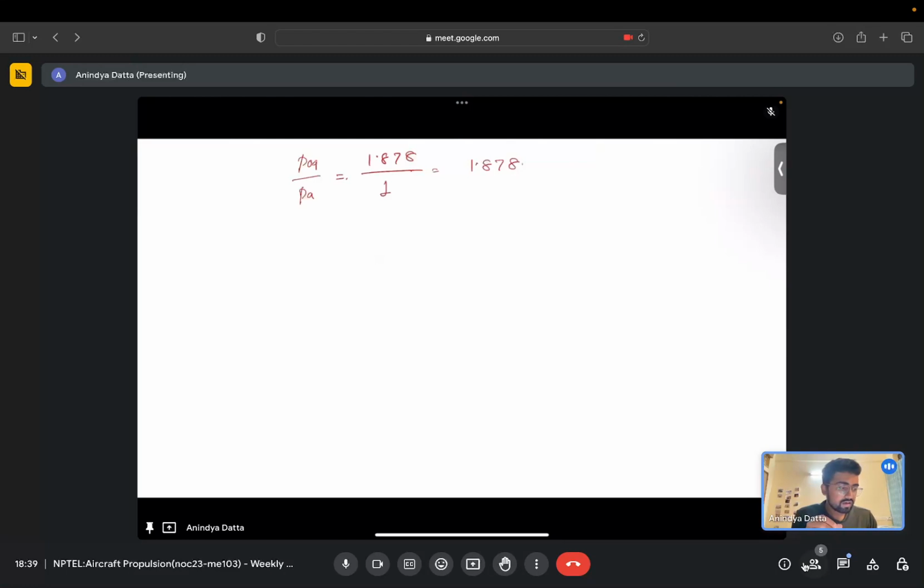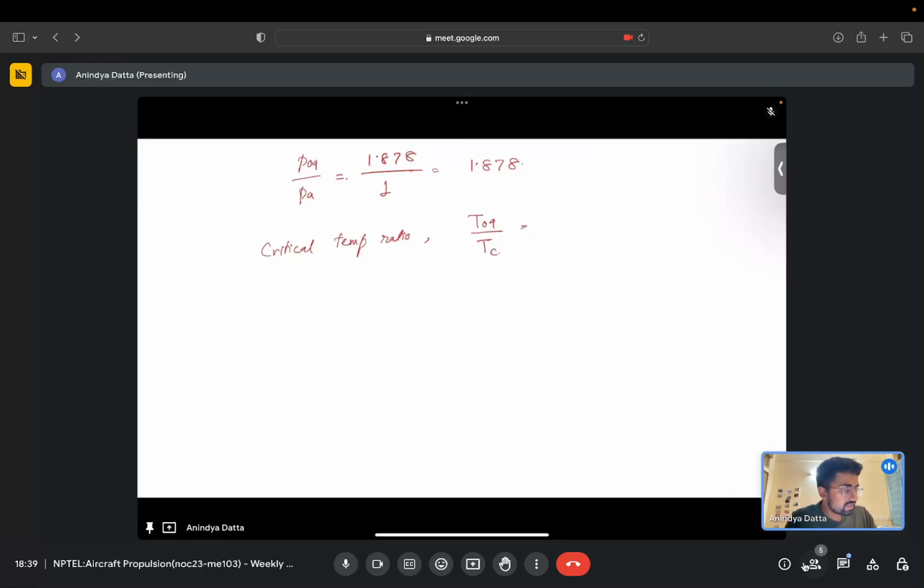Now we have to see what the critical pressure ratio is. First, let us do the critical temperature ratio, T04 by TC, TC being the critical temperature, which means the temperature attained if the flow at the exit of the nozzle is sonic, or the Mach number is 1.